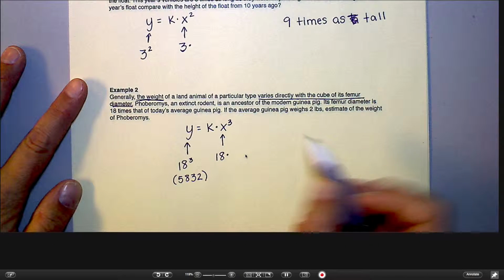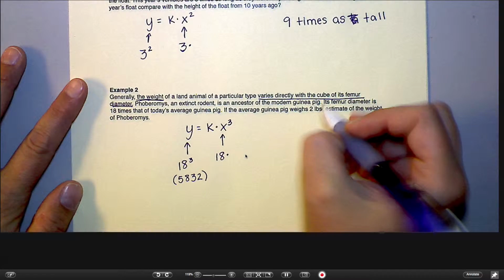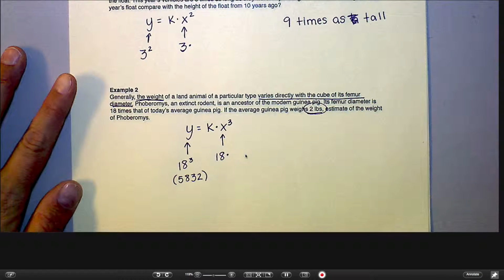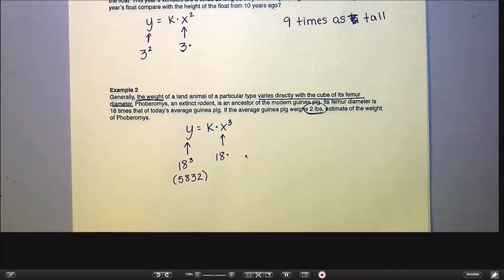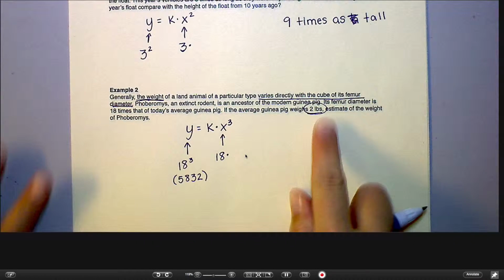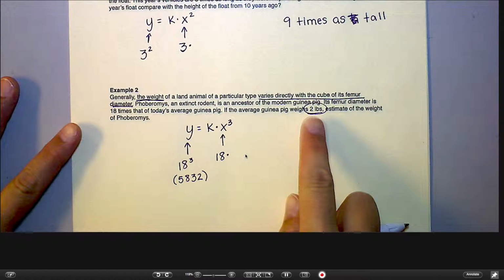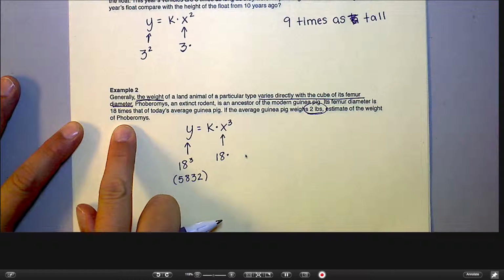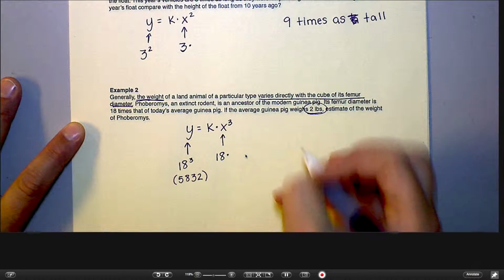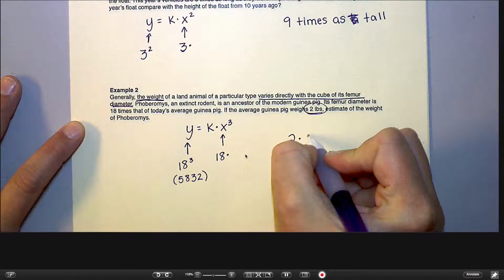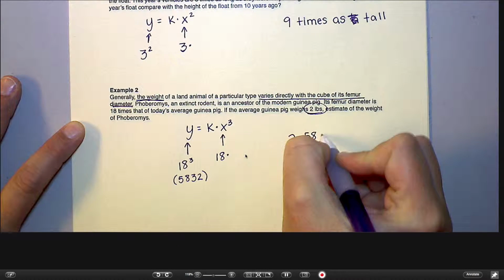Right now, an average guinea pig weighs 2 pounds. So this one does ask me to take the extra step and actually do a calculation. What would I do with that to figure out the weight of this guy? Yeah, so let's do 2 times 5,832.